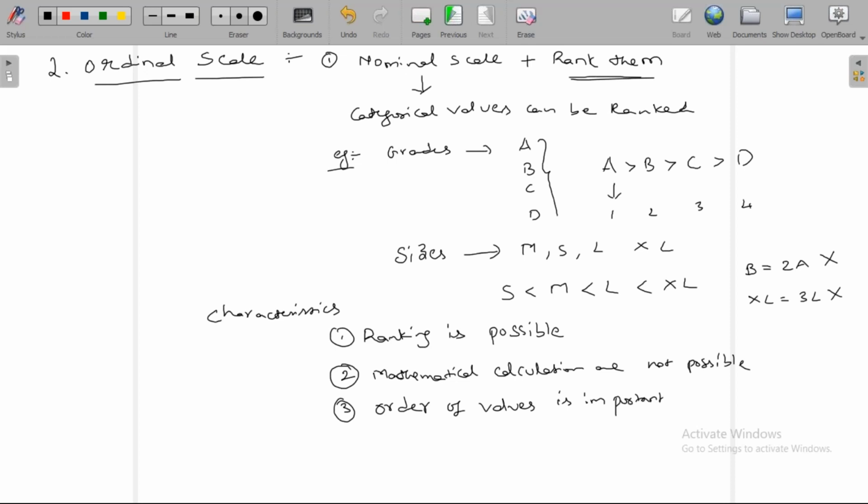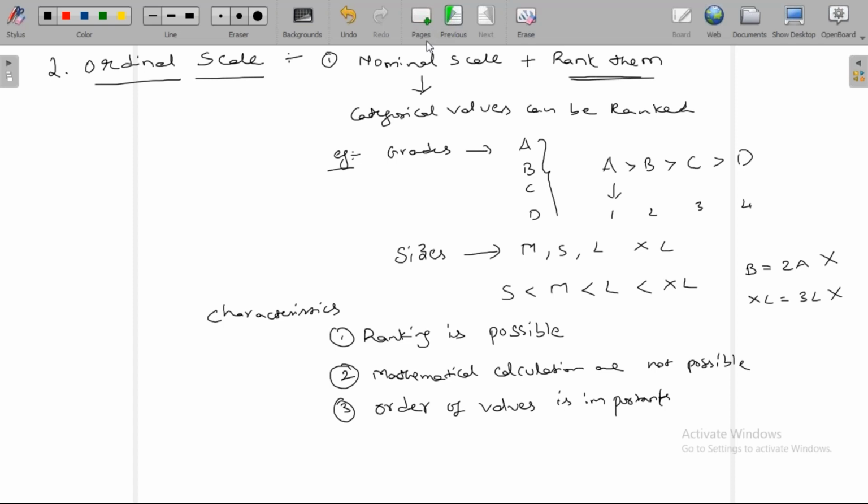Temperatures are nominal, ordinal, so ranking is possible, order is also possible. And if we are taking magnitude, for example, 50 minus 30 is 20, and you can also take 60 minus 40, which is also 20.